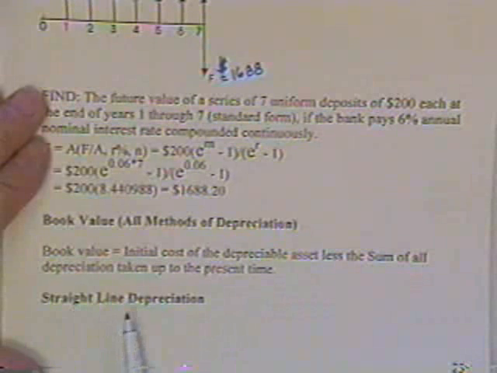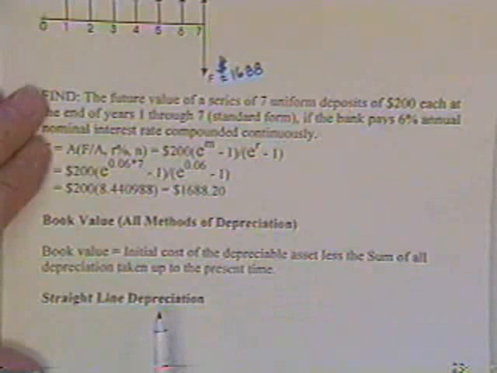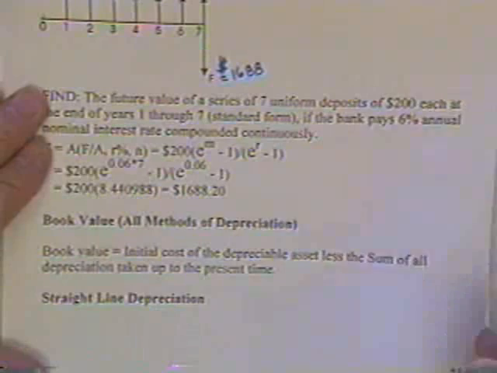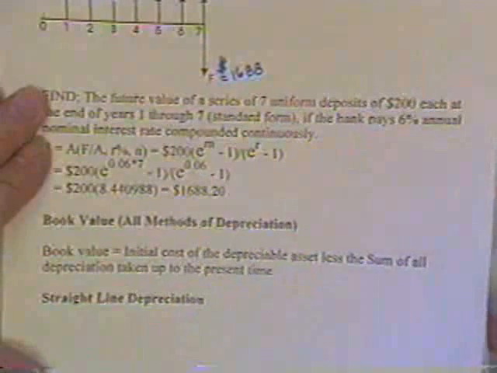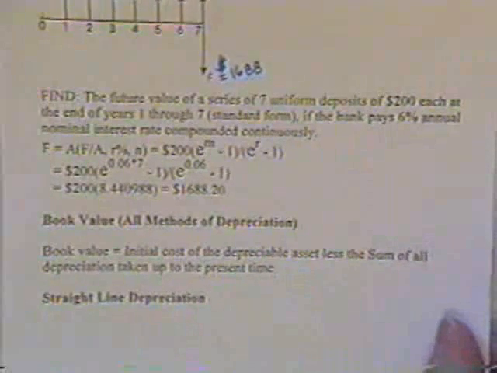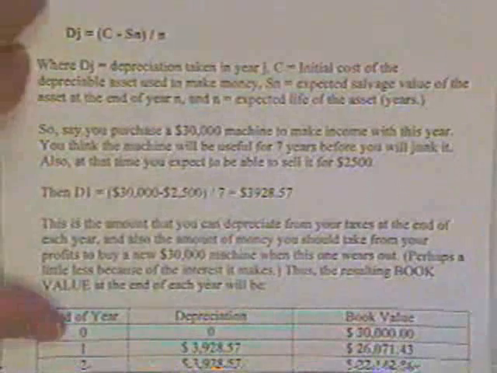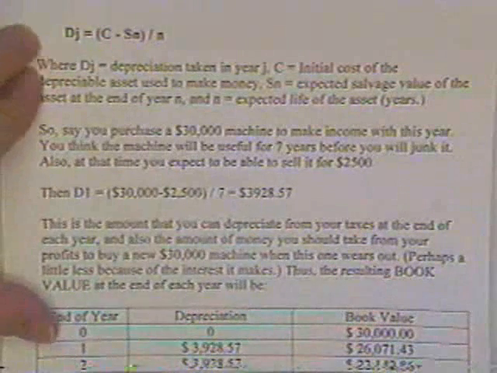Now, there are several ways the government permits you to compute depreciation, or how much wear and tear you have on your machines and your computers. One of the most popular ones is known as the straight line depreciation method. This equation is listed in the book.